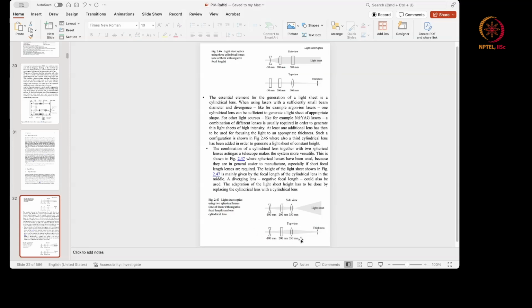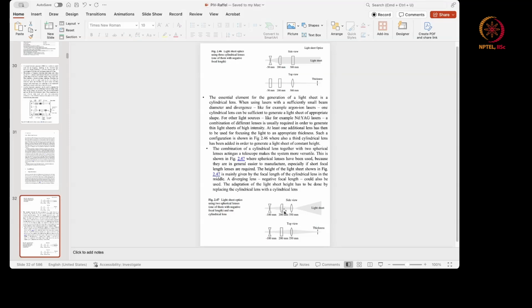This is what is shown in this particular figure. Remember, this is from Markus Raffel's book. Here you use basically two spherical lenses to make the system more versatile. The height of the sheet is shown over here, and it is mainly given by the focal length of the cylindrical lens in the middle.